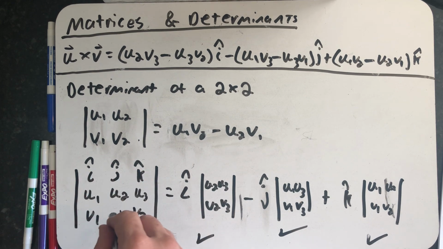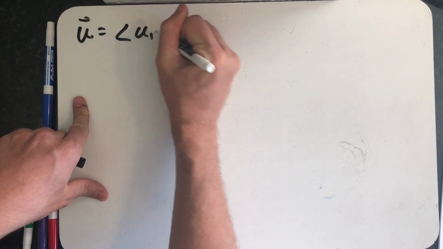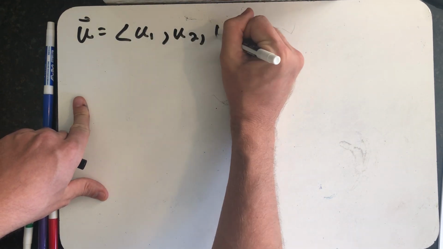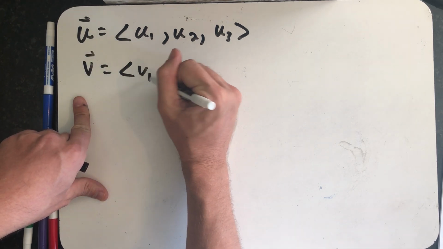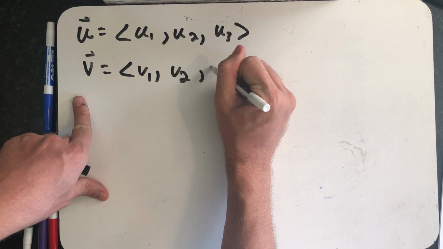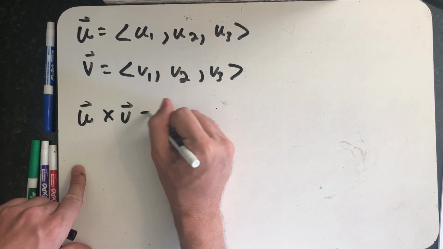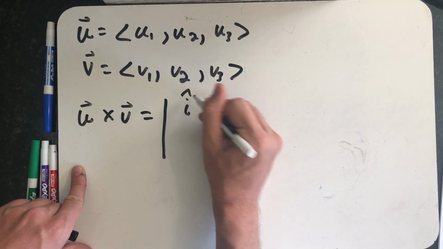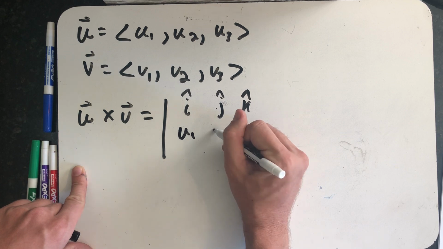This determinant calculation gives me the cross product of two vectors. So when I'm asked to evaluate a cross product of vectors u and v, what I like to think of as the definition is that u cross v is equal to this determinant.